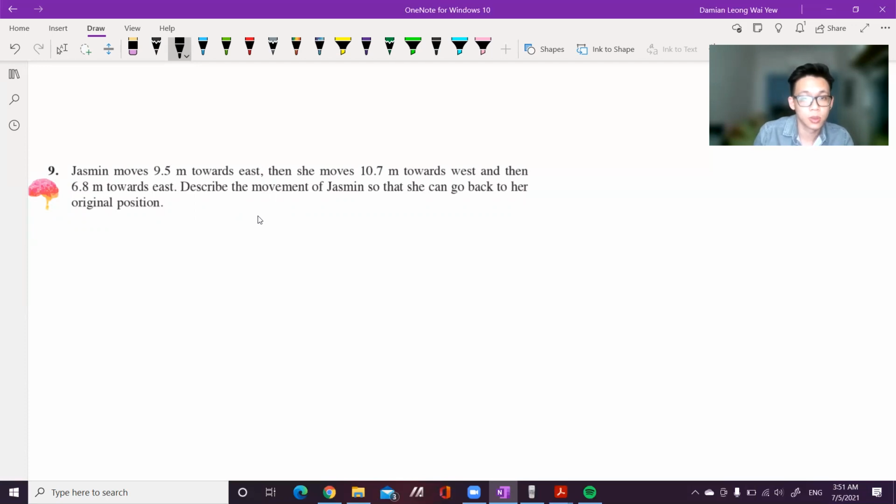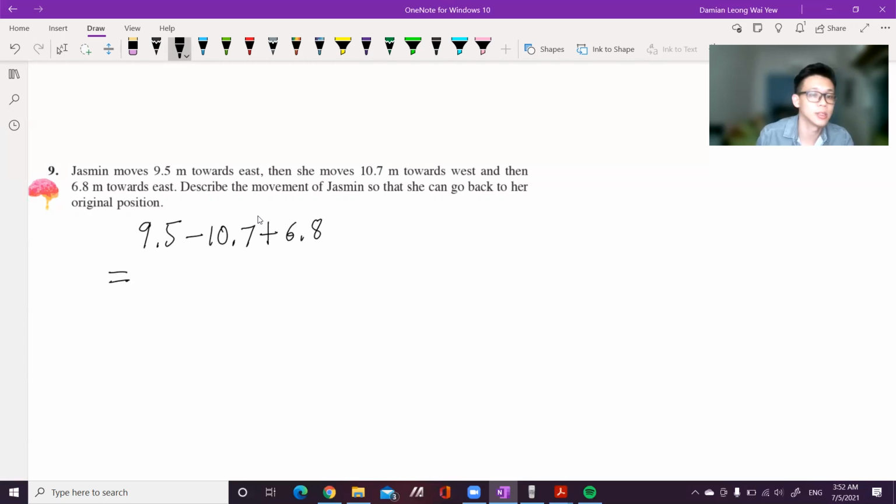Let's put east as positive, west as negative. So 9.5 positive because east. Then 10.7 meters west, so I minus because negative value, minus 10.7. Then towards east again, so I plus back 6.8.